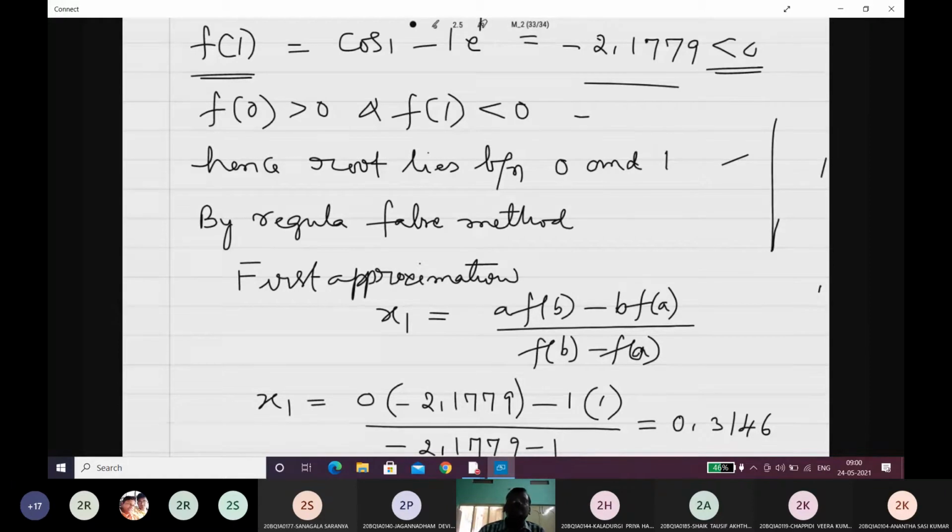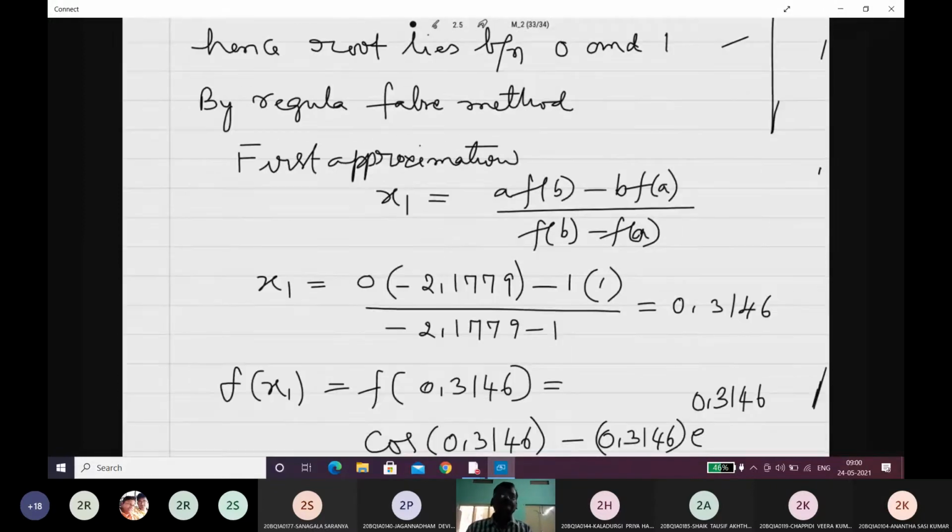Here a is equal to 0 and b is equal to 1. Therefore f of a, f of 0 is equal to 1 and f of 1 is equal to minus 2.1779. Hence we substitute the values in this formula.